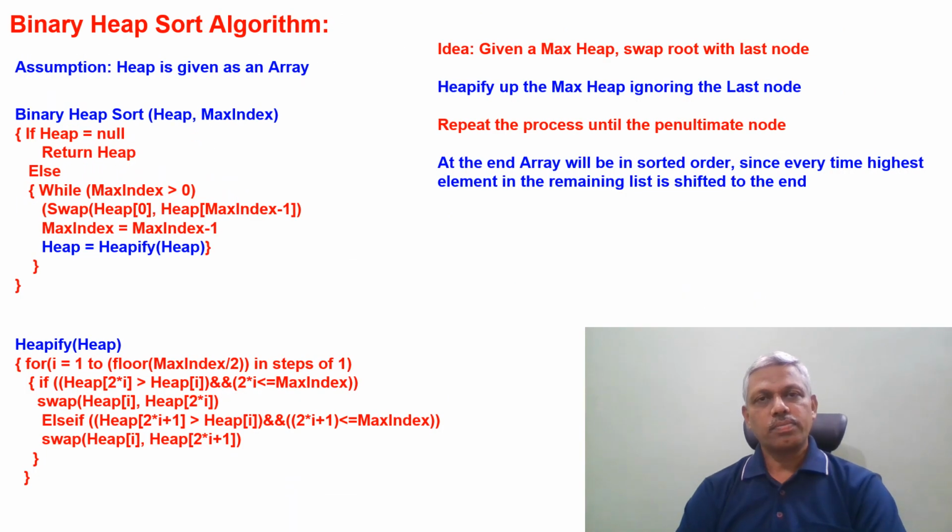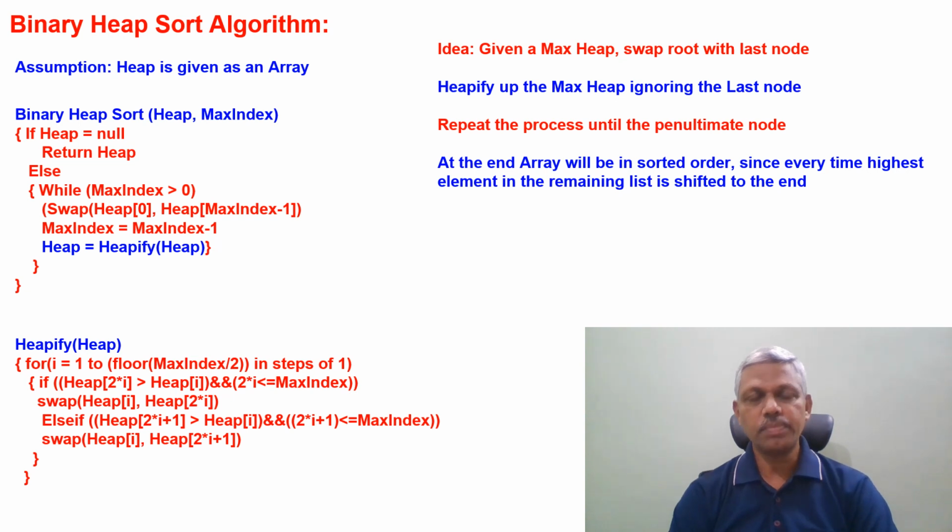When it comes to the algorithm part, we'll take heap and max index as the inputs. Max index indicates the last element of the heap, and if heap is equal to null, return heap, nothing to be sorted. Else, while max index is greater than 0, we need to repeat.